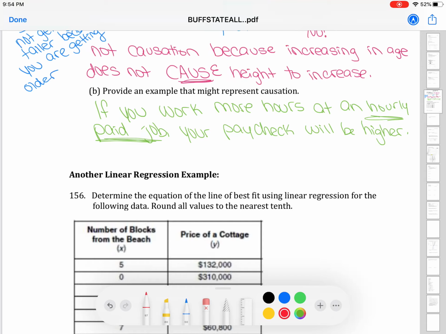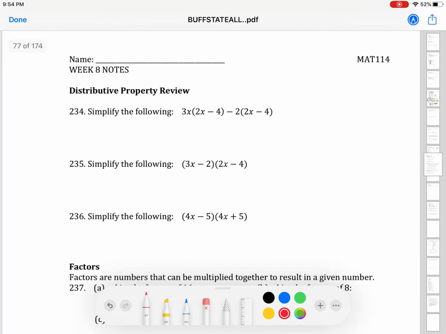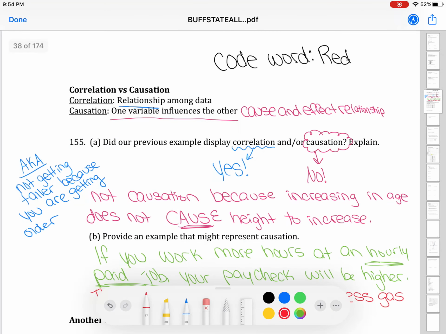Another one that people have used is if you drive more, there are fewer gallons of gas in your tank. So the more miles you drive, the less gas in your tank.